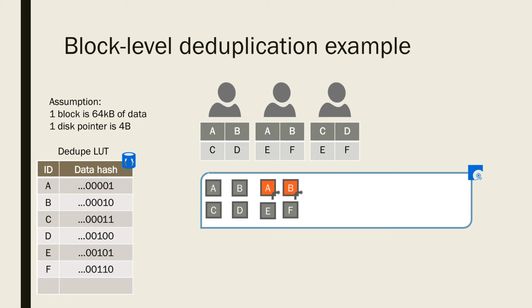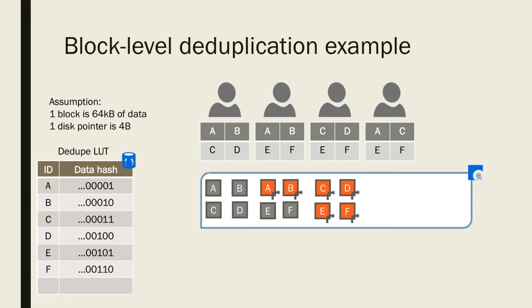The third person has blocks C, D, E and F, and all of them are already registered in the dedup lookup table and written onto the disk, so they only get their pointers. The same case is with the fourth person, so this person has A, C, E and F data blocks, which are already registered in the dedup lookup table and written onto the disk, so they only get their pointers.